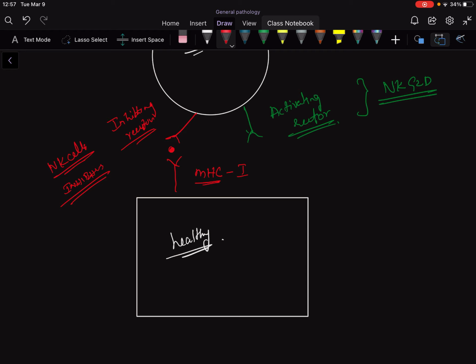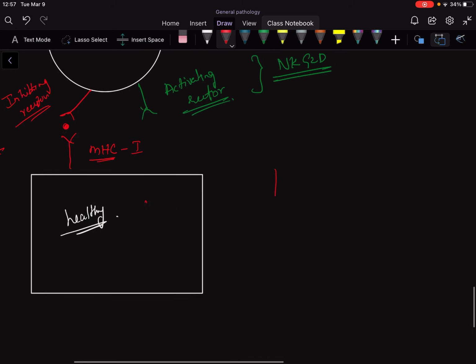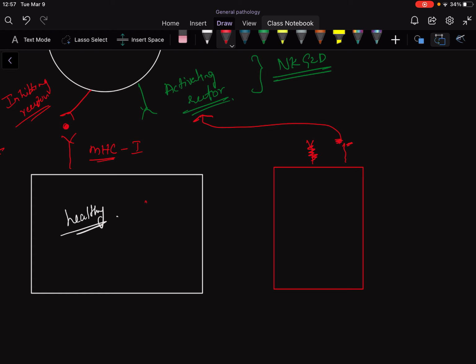But in the case of tumor cells, the MHC molecules are degenerated, and once they are degenerated, they will activate the activating receptor of natural killer cells.